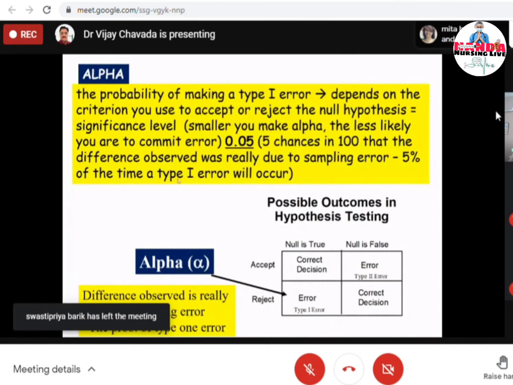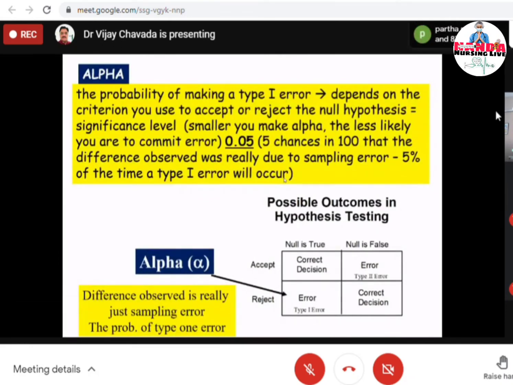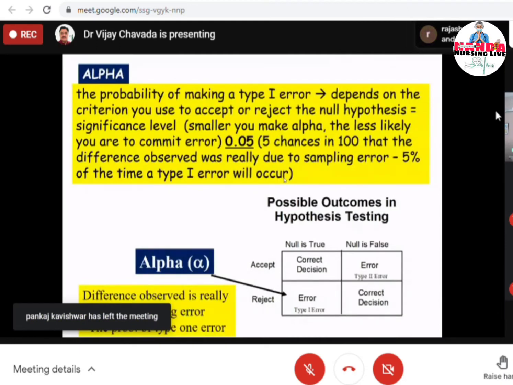5% of the time a type 1 error will occur. So in 100 samples, you will allow the sample difference to be by chance not more than 5%. Out of 100, you can accept the difference by chance only in 5 samples, not more than that.